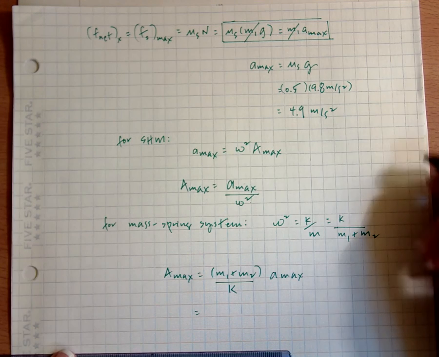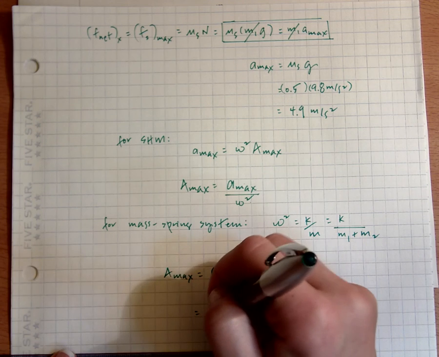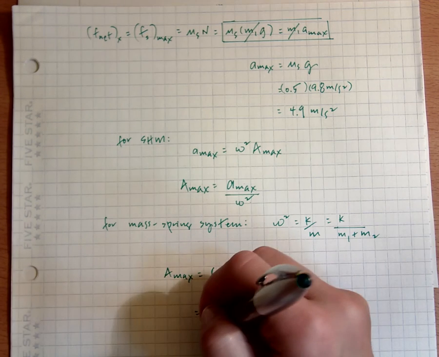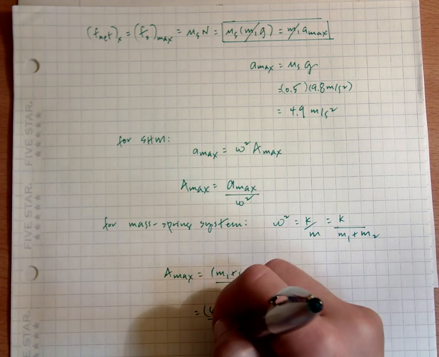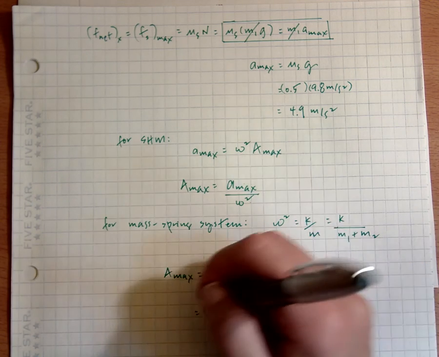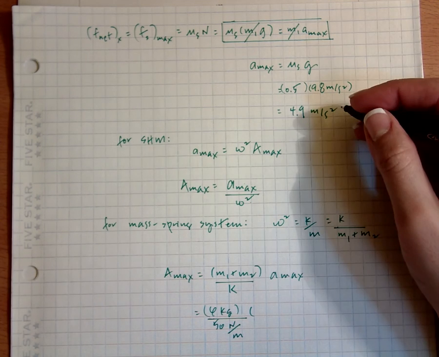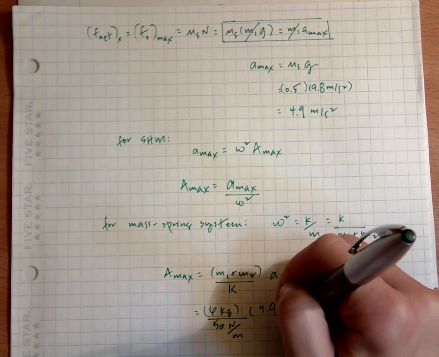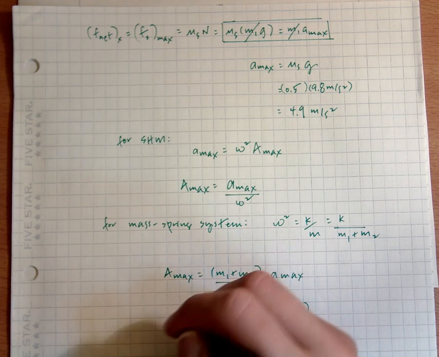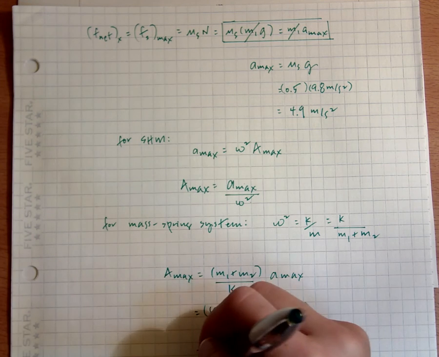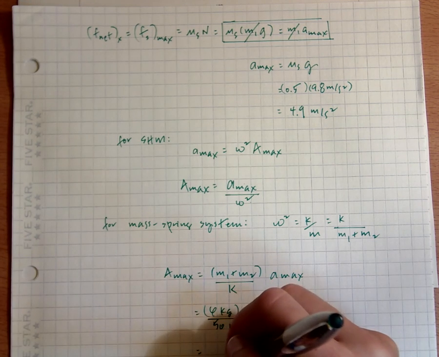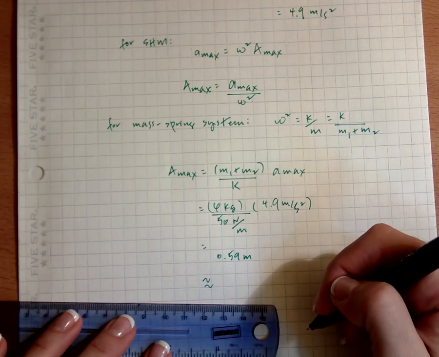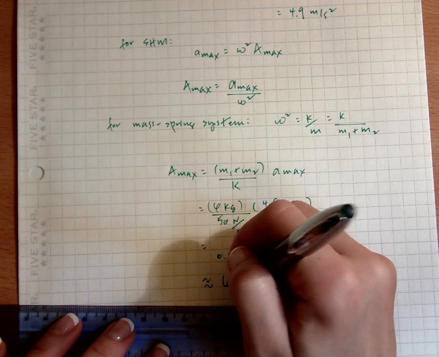So if we plug in, the total mass is 6 kilograms, divided by the spring constant, which is 50 newtons per meter, times the maximum acceleration, which we solved for, 4.9 meters per second squared, and we get 0.59 meters, or if you like, approximately 60 centimeters.